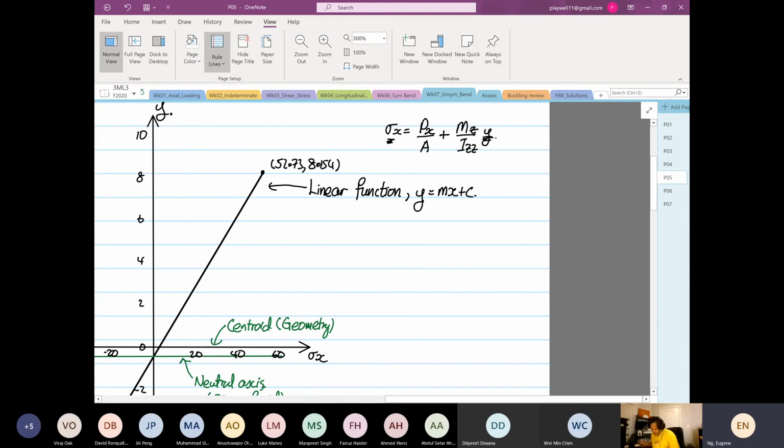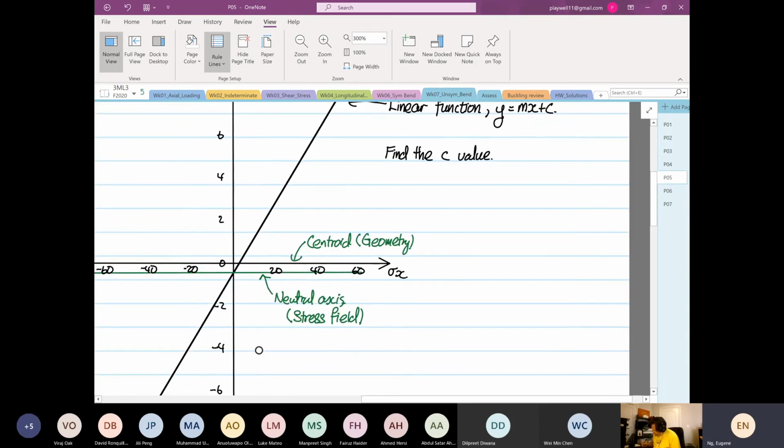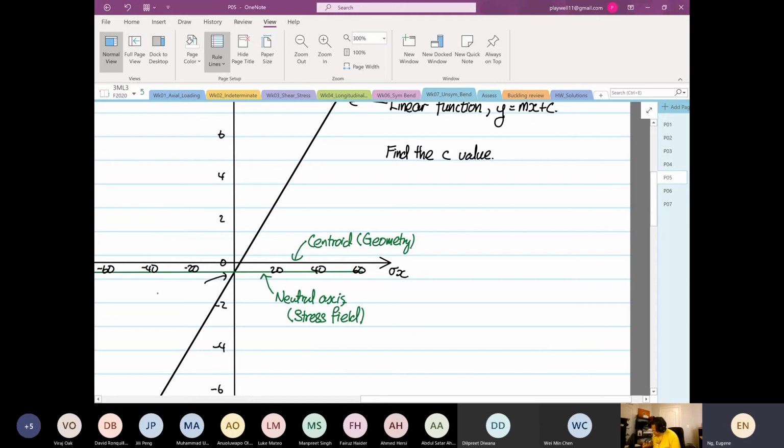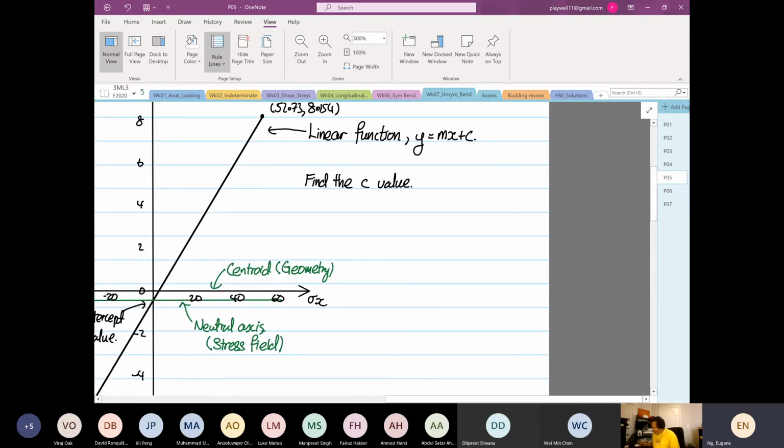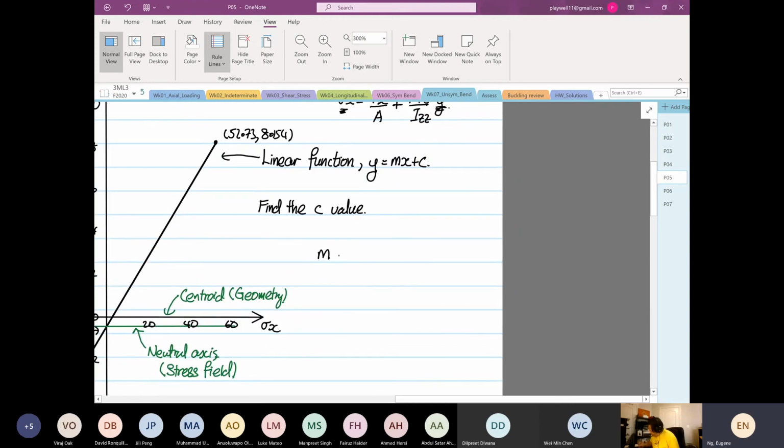Okay, we want to find the c value, because this position over here is the y intercept. So down here we know that this is the c value. Okay, to find the c value you have to find the gradient first. Right, so m is the gradient.